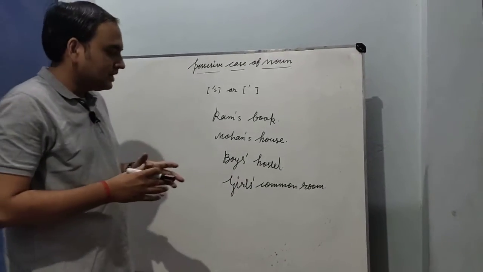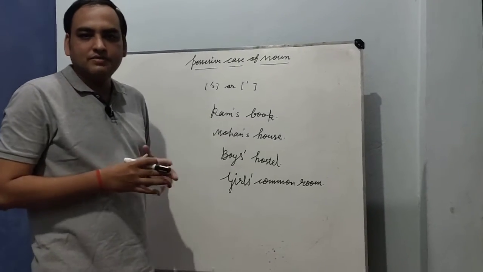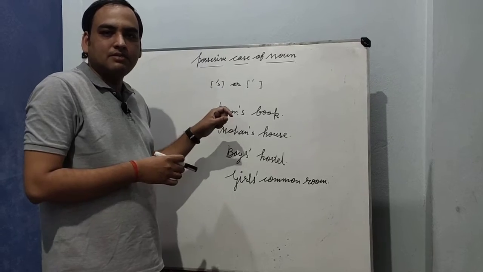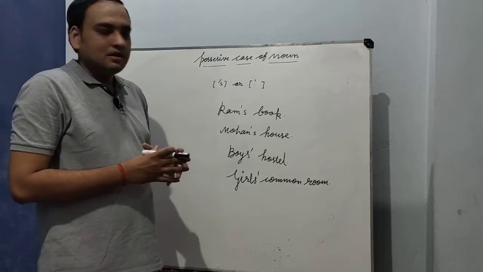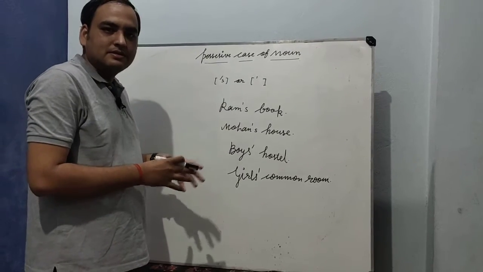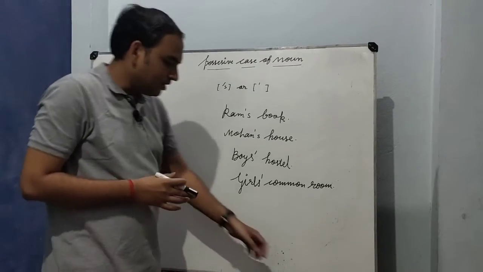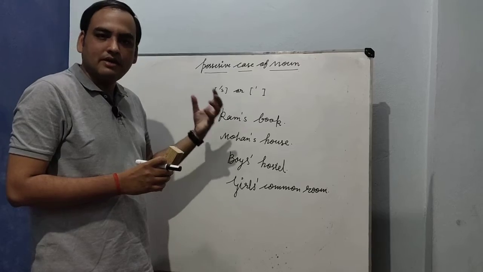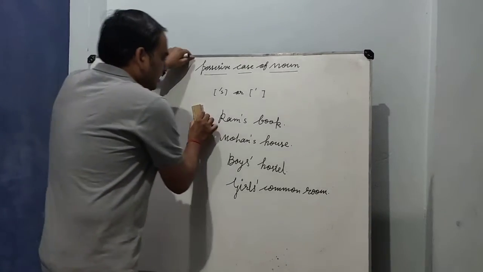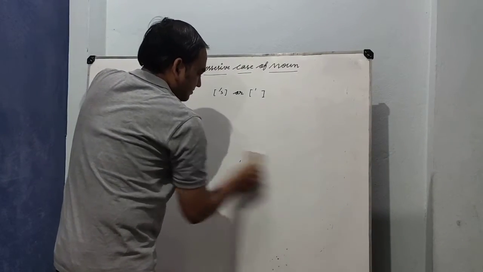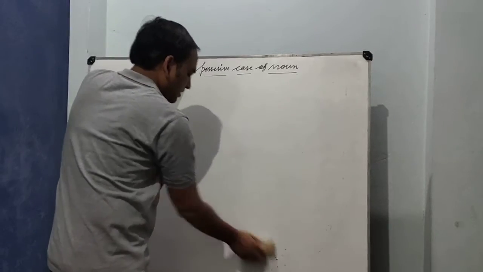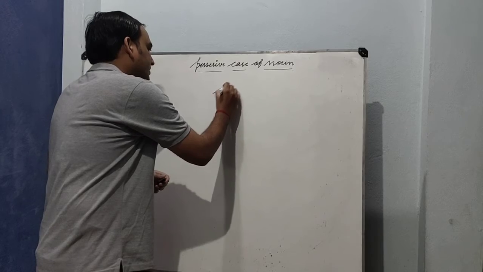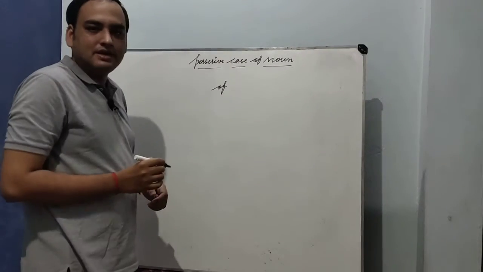So friends, we have understood how to make possessive case of noun in the case of living things. Now we will discuss how to use this possessive case in the situation of non-living objects, if we are using that object or component in our sentence. In such a situation we use the preposition of to make our sentence.